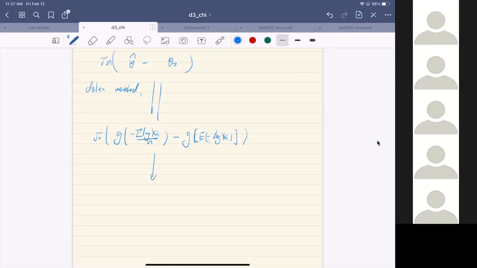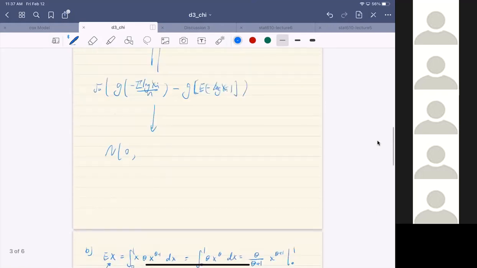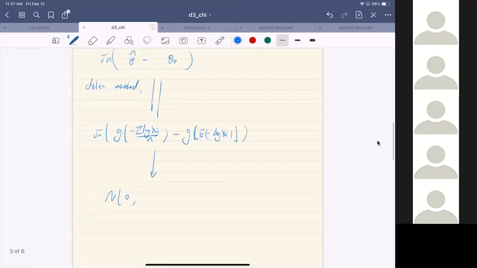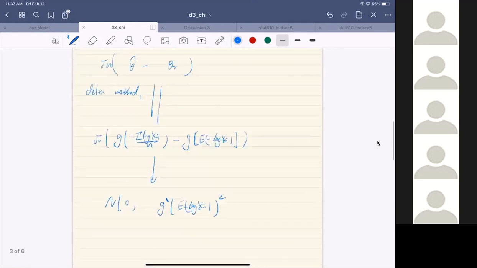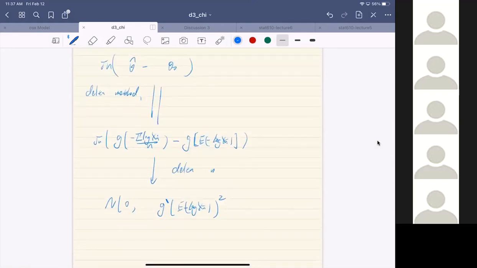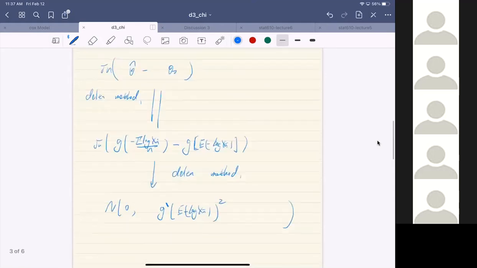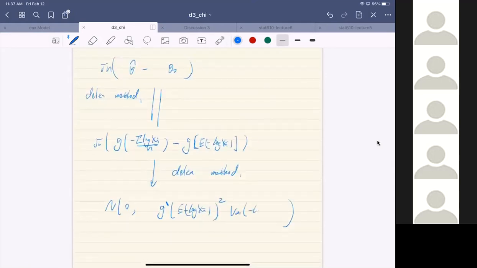And this will converge to a normal distribution with the derivative of this, plugging in this value, squared, times the variance of this variable.